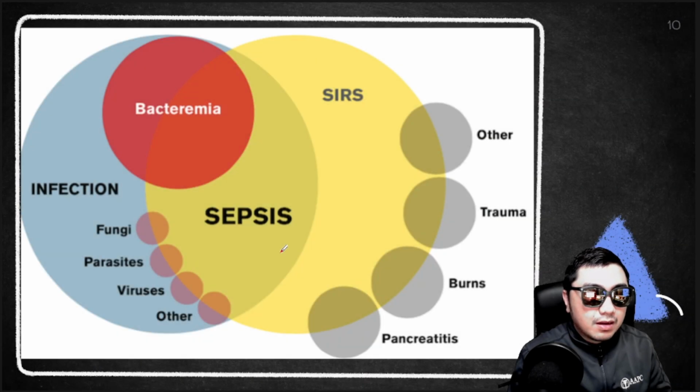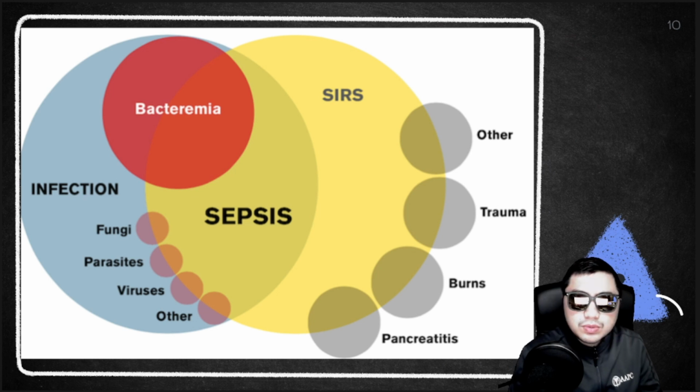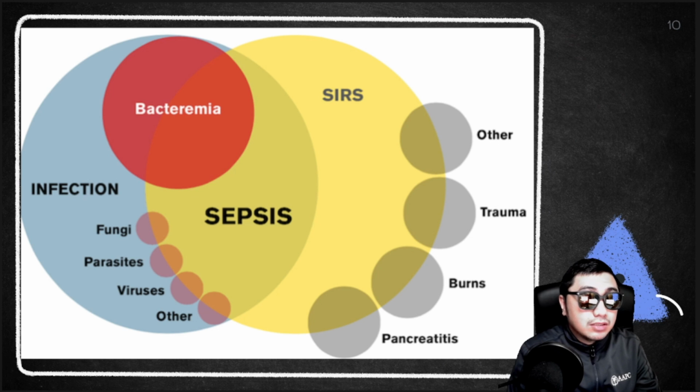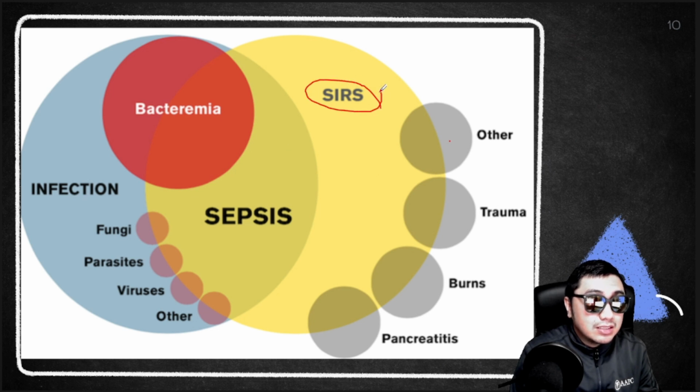Next, I will show you this diagram. Most of the coders use this, especially if you're coding a lot of sepsis in your facility or department, so you can check this diagram. As you can see, SIRS is not associated with any infection, but sepsis is combined with infection and bacteremia.